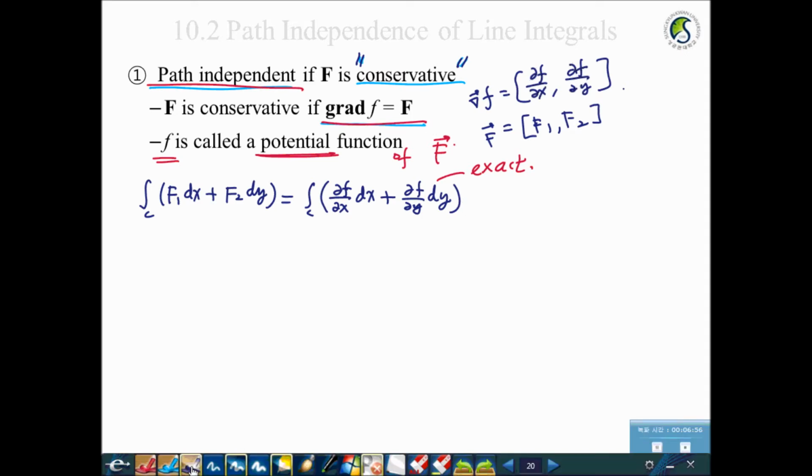I'll explain it more later. From A to B, you can substitute with time: df over dx, dx over dt, plus df over dy, dy over dt, dt.